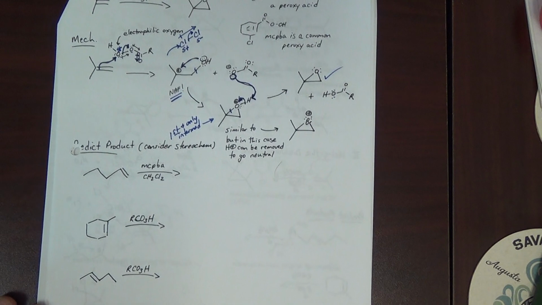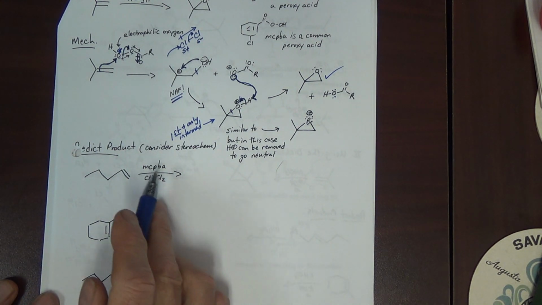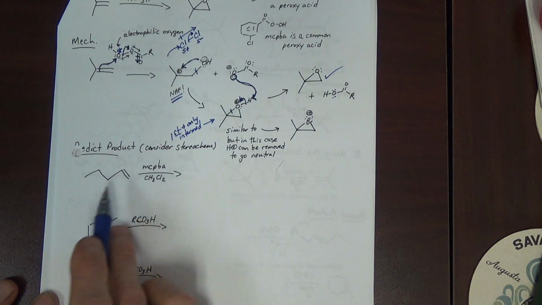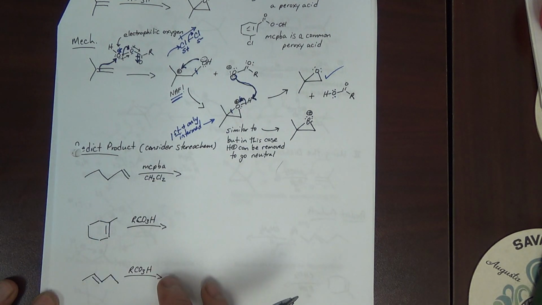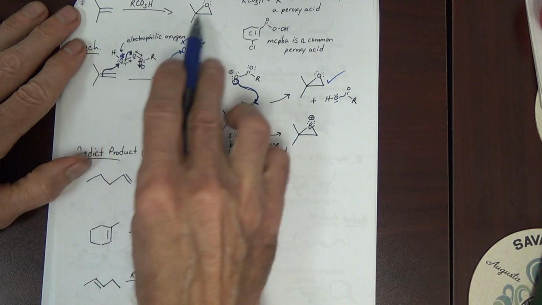Okay, in terms of just plain predicting a product, it's actually a very easy reaction to predict. Once we start considering stereochemistry of the addition, okay, it is an addition reaction, right? All of our reactions are additions. They're all electrophilic additions. Okay, we added an oxygen to this molecule.